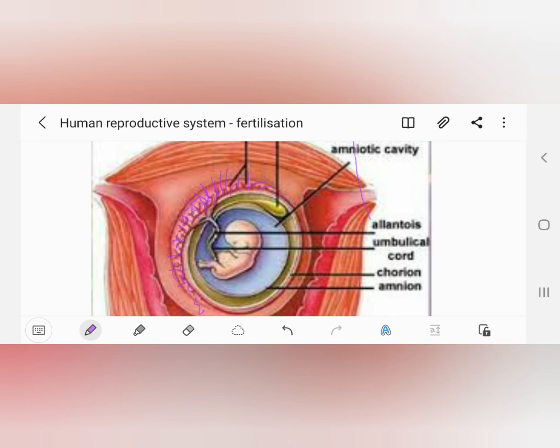As the placenta develops, allantois will be connected deep with the placenta. As a result, a long cord-like structure is formed, which is called umbilical cord. This umbilical cord plays an important role in the transportation of material between mother's uterine wall and the growing embryo.